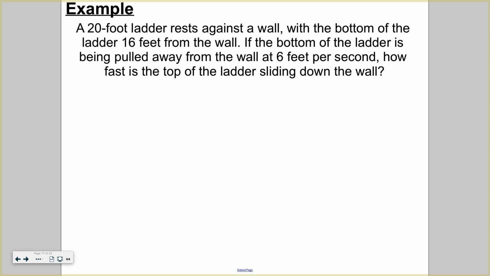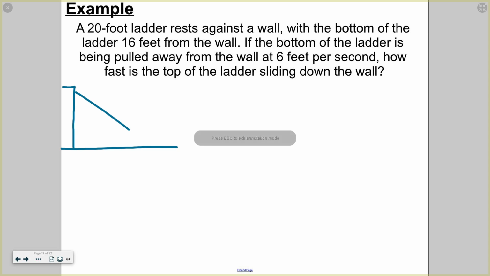Alright, well I guess the first thing we should do here is draw our wall. And then we have a ladder resting up against the wall. So we know that the ladder is going to be 20 feet.